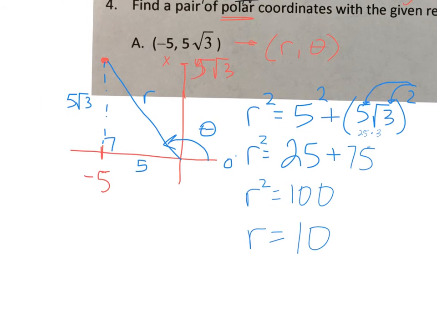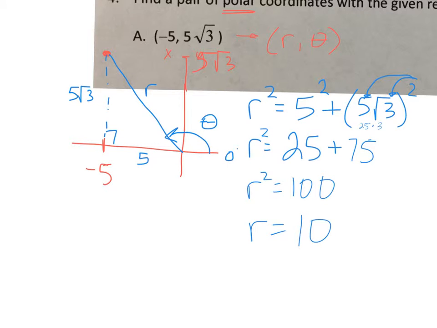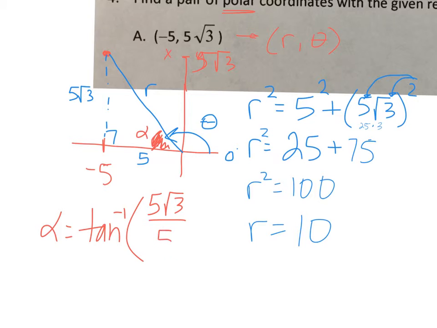Now we have to find the angle. Okay, now there's a formula using the tangent to give us this angle right here. That's the right triangle that we're going to use, and we can find that angle by taking the inverse tan of the y value over the x value.